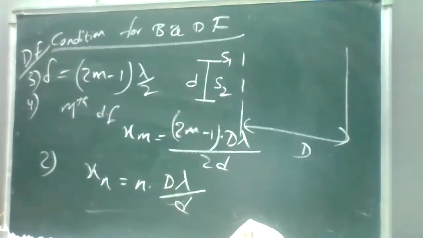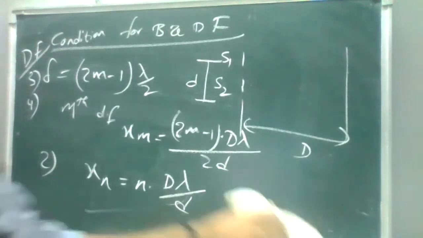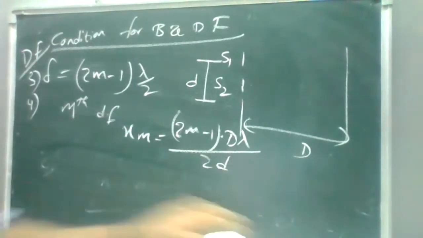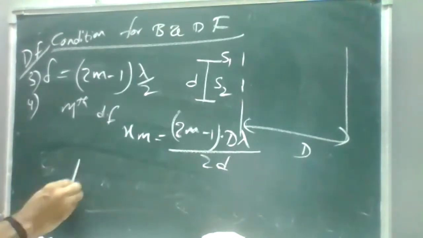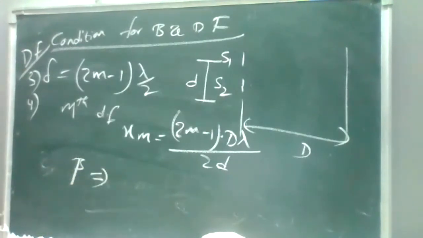Next one, fringe width. The symbol is beta. Beta is equal to the distance between two successive bright or dark fringes.